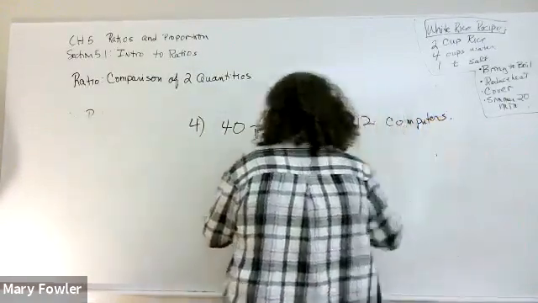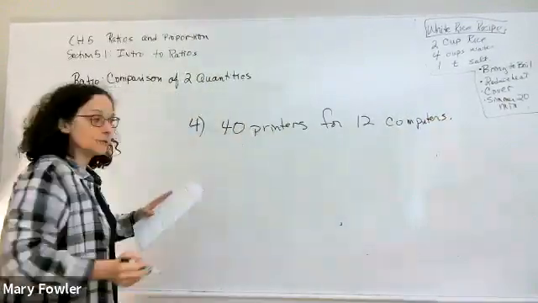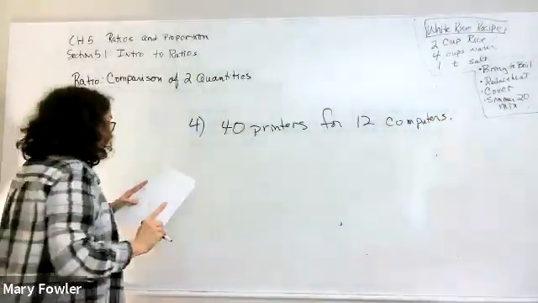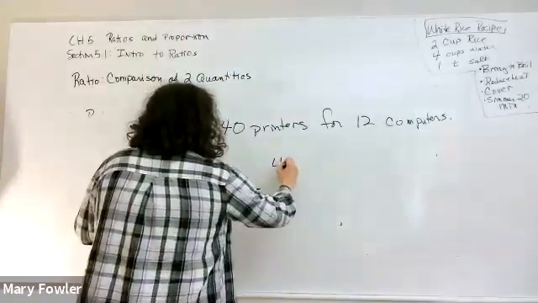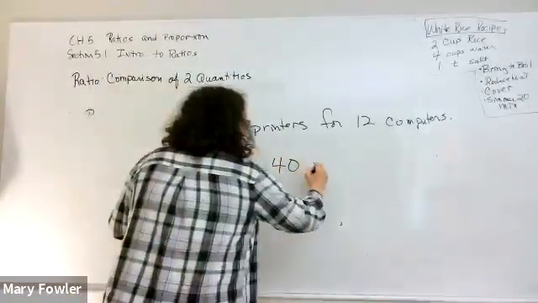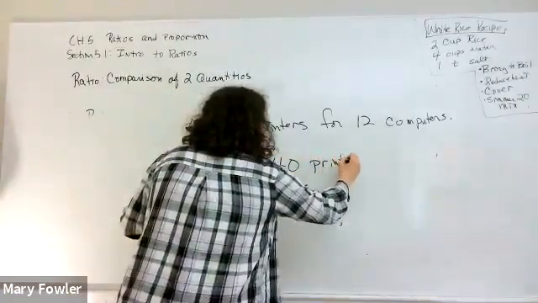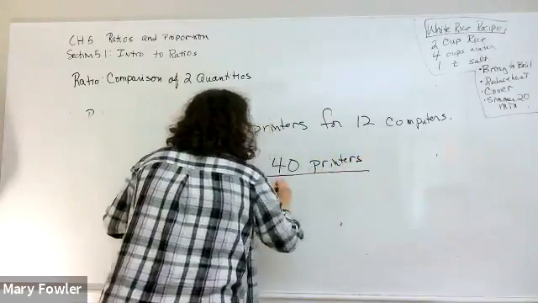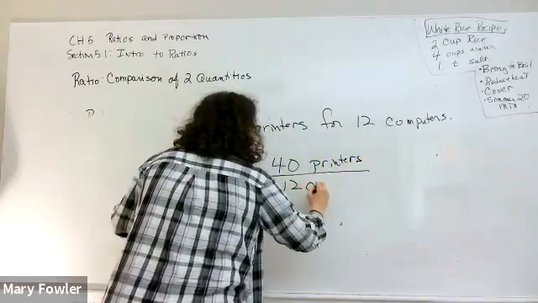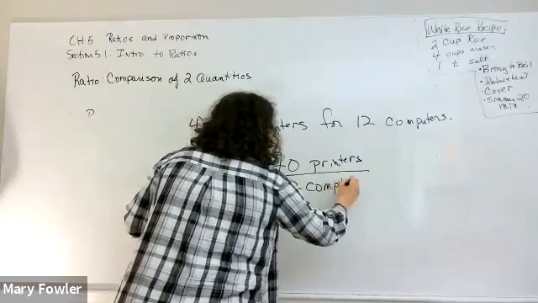That's a lot of printers for 12 computers, but who knows what's going on those computers. So we'll go ahead and write this first as a rate, 40 printers in the numerator, and the second value goes in the denominator, 12 computers.